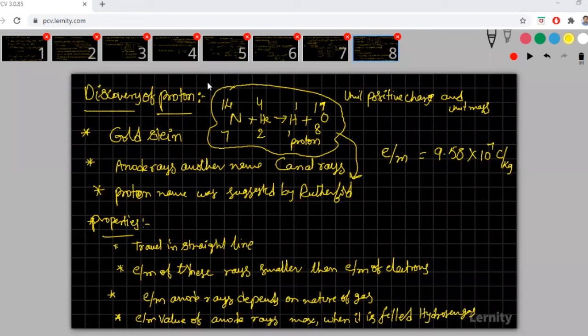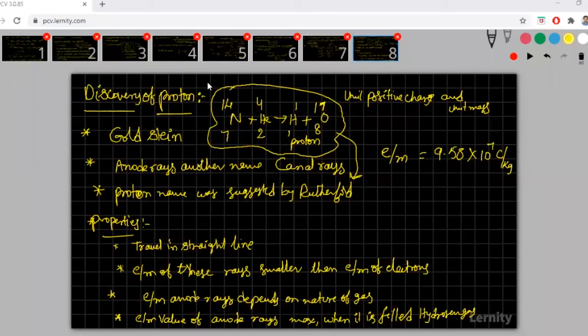So, discovery of proton: it was given by the scientist Goldstein. Anode rays' another name is canal rays, and the proton name was suggested by Rutherford. The properties: they travel in a straight line. E by M of these rays is smaller than E by M of electron. E by M of anode rays depends entirely upon the nature of the gas, and is maximum when filled with hydrogen gas.